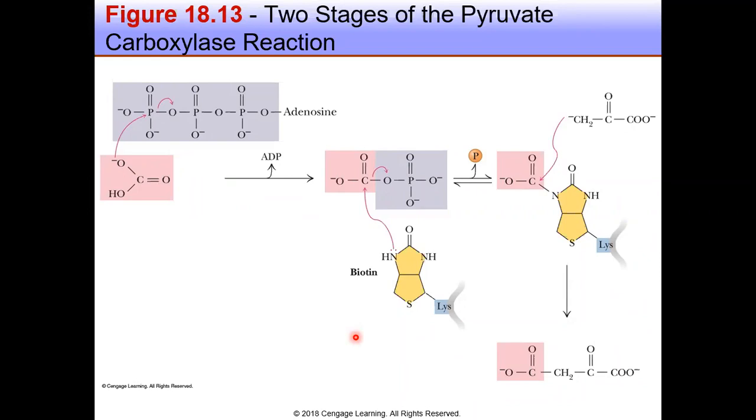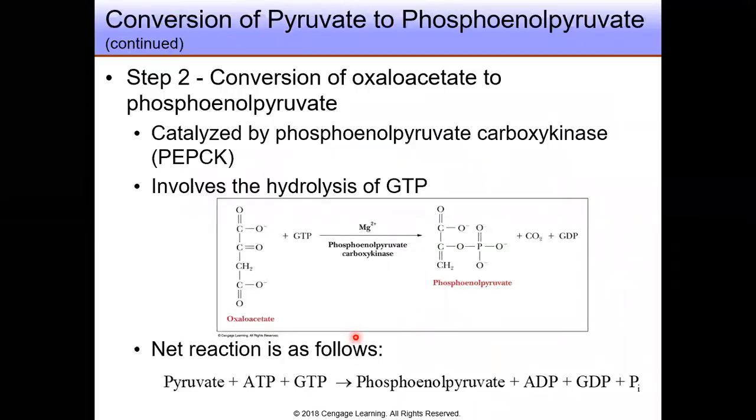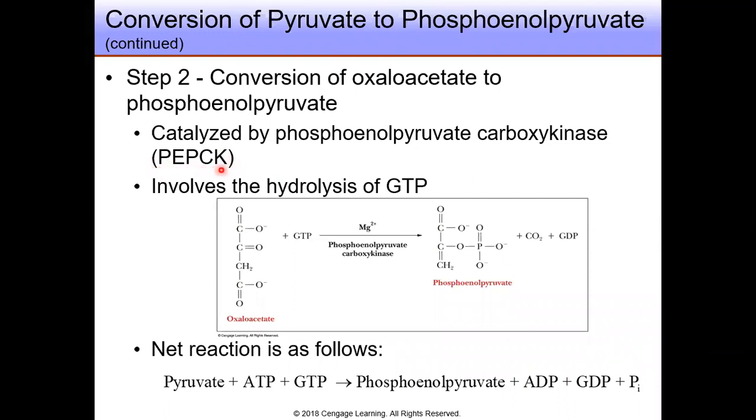Now, the conversion of oxaloacetate in the next step to phosphoenol pyruvate is catalyzed by the enzyme called phosphoenol pyruvate carboxykinase, or PEPCK, which is found in the mitochondria and the cytosol.